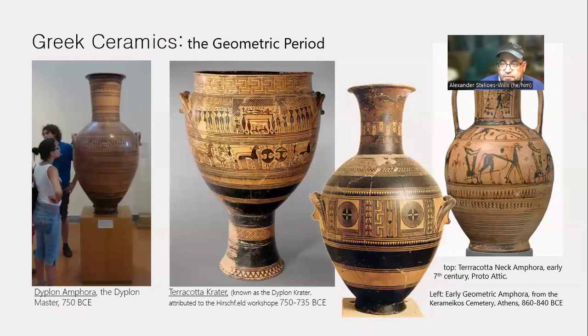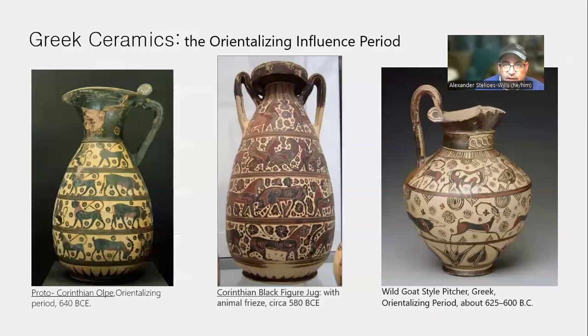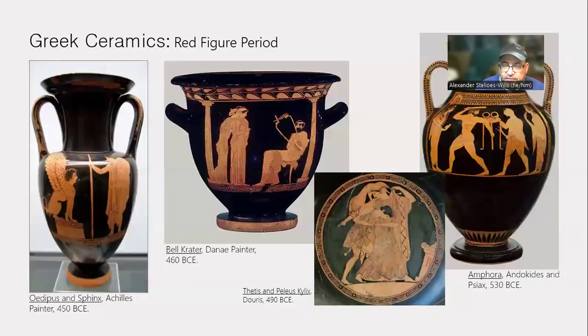Remember when we were talking about ceramics, we took an aside to discuss in depth Greek classical period ceramics and specifically the transition from the geometric period, going all the way back to late archaic, through the period of Persian influence, otherwise known as the Orientalizing period, and then into black figure, and then into red figure. There is also another period that's usually called white figure, which is a separate period that goes from very late classical into the Hellenistic period. And then Hellenistic ceramics, just as an aside, gets very diverse.